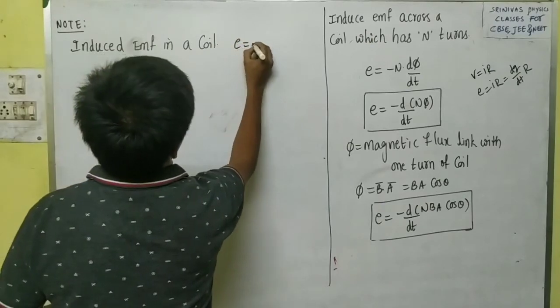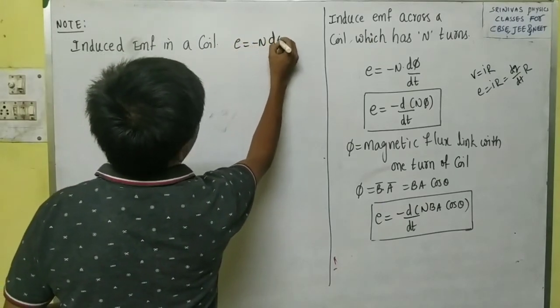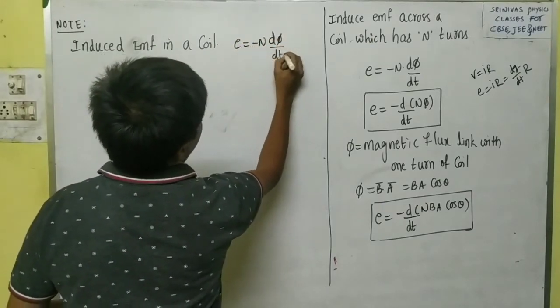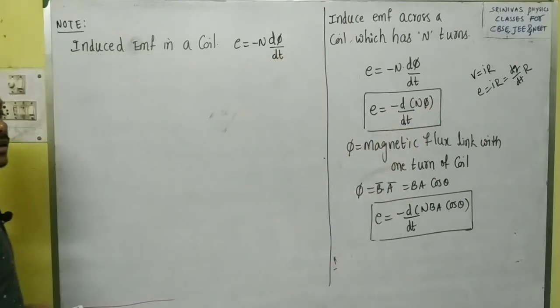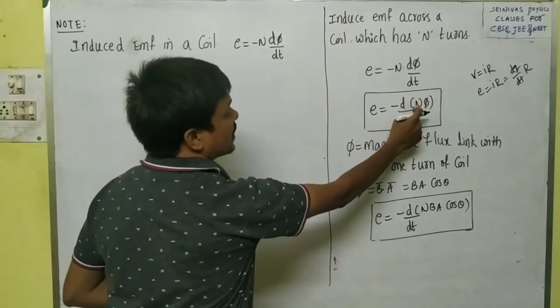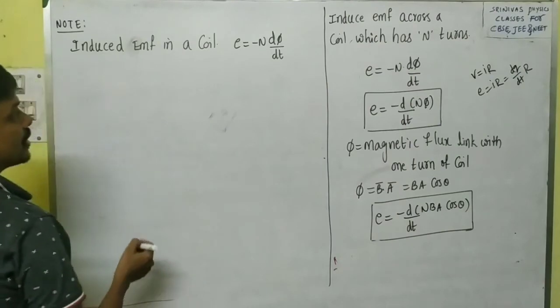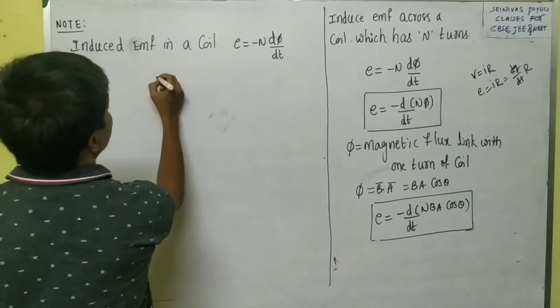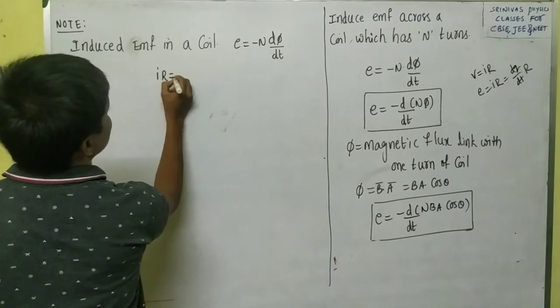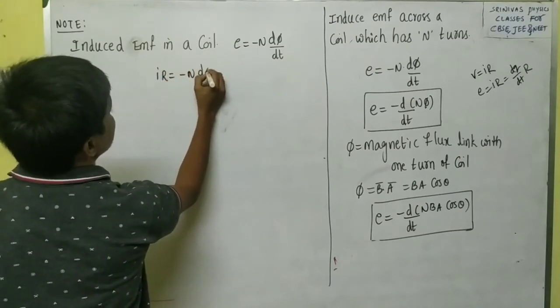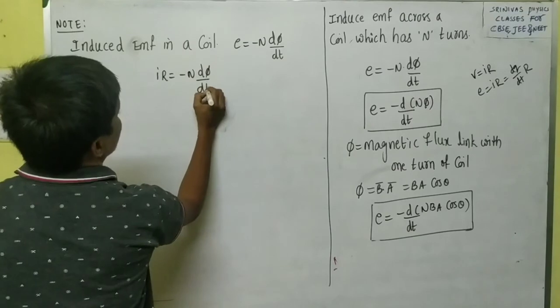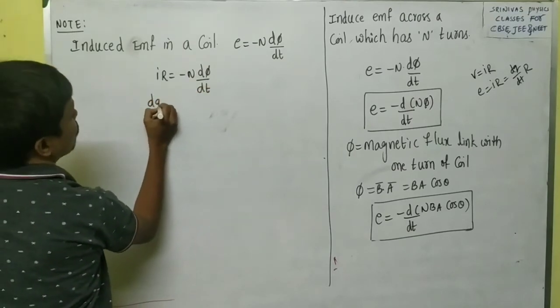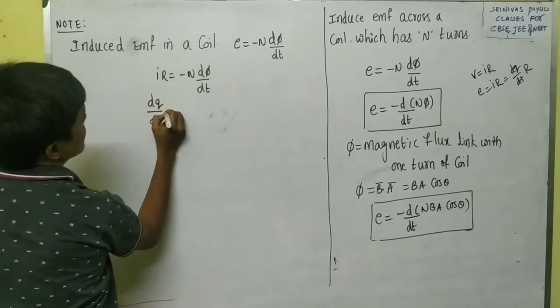Its formula we know, that is minus n d phi by dt, or minus d phi by dt of n phi, or n d phi by dt. And I want the induced charge, which we write as IR. IR is equal to minus n d phi by dt, but I we write as dq by dt, since the rate of flow of charge is the current.